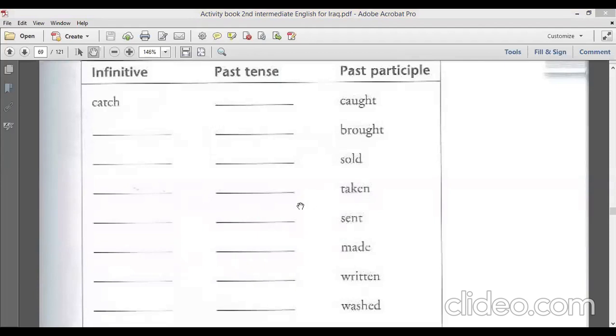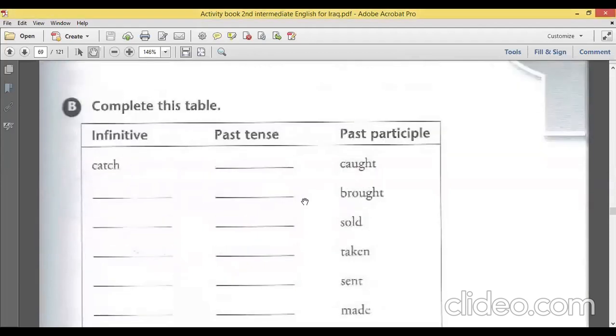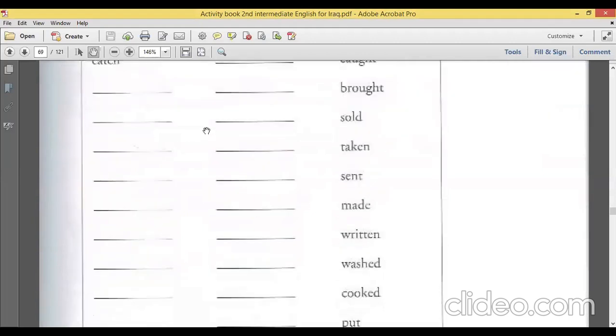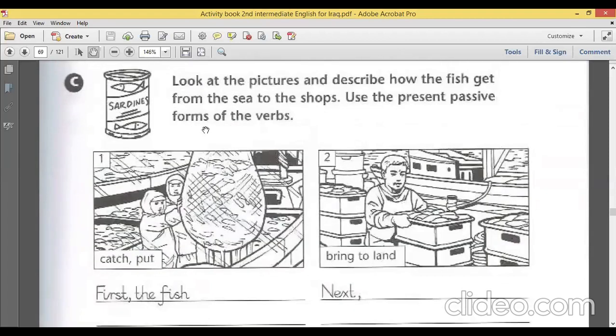Okay, so this is your homework. Now, your homework will be to do exercise B and exercise C. Exercise C, if you read it, it says, look at the pictures and describe how the fish get from the sea to the shops. Use the present passive forms of the verbs.